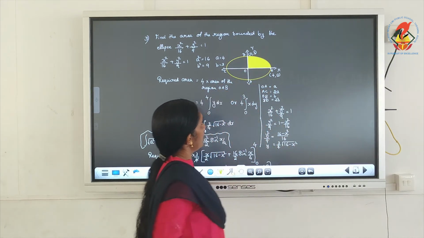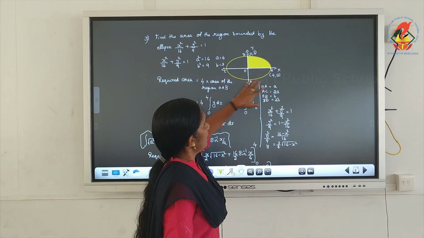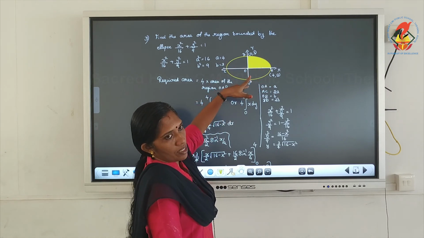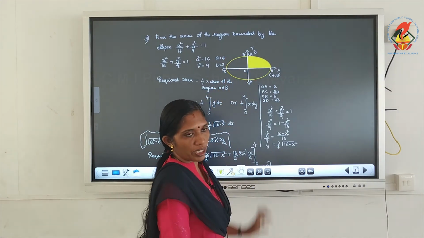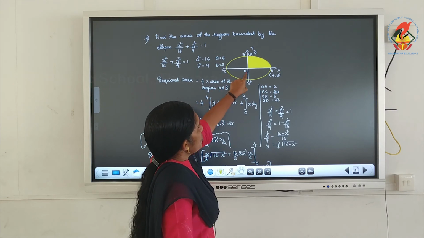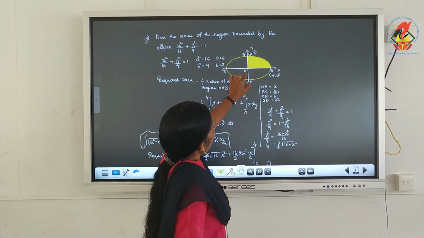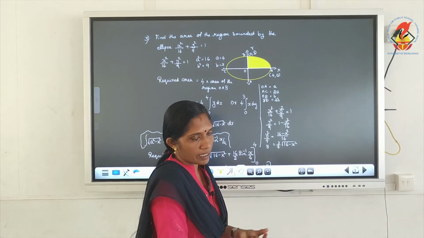Otherwise the opposite. Now we have to find the whole area, that is ABCD. It is easy to calculate the first quadrant portion into 4, so 4 into the area of the region OAB. OA is the length of the semi-major axis, that is 4.